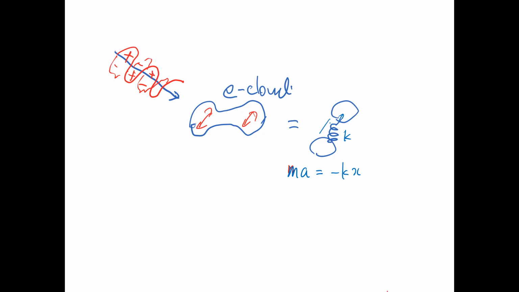And then if we have some sort of friction force applied, it's going to be m a plus gamma v equals minus k times x, and v equals dx/dt, and acceleration, of course, is d²x/dt².